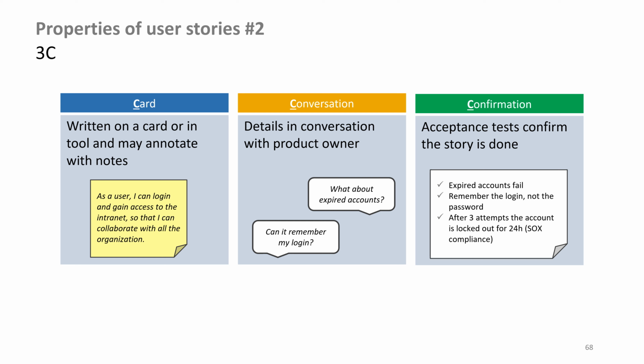Now you start a joint conversation and think about what the solution could look like. Then the acceptance criteria are defined in the backlog. A user story with acceptance criteria can potentially go into the next sprint backlog.